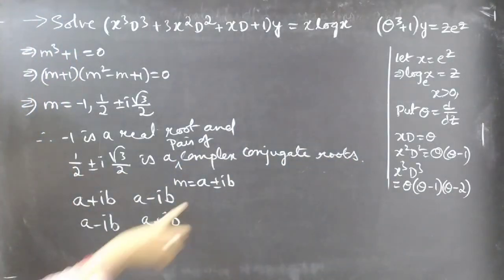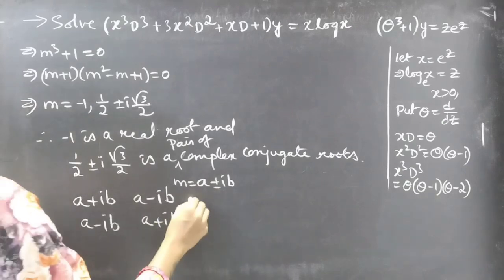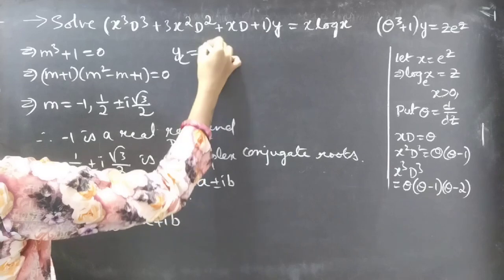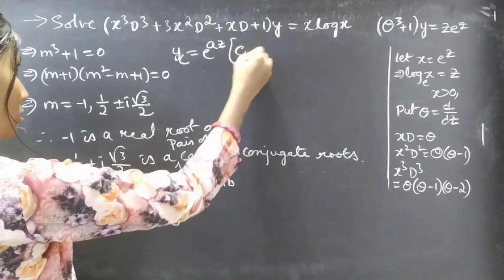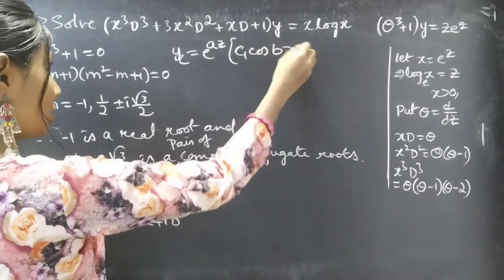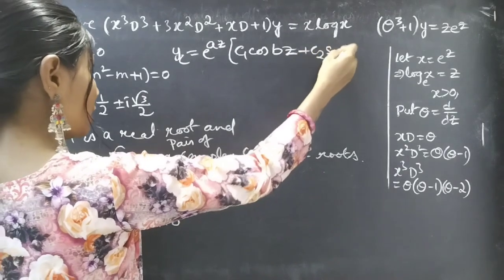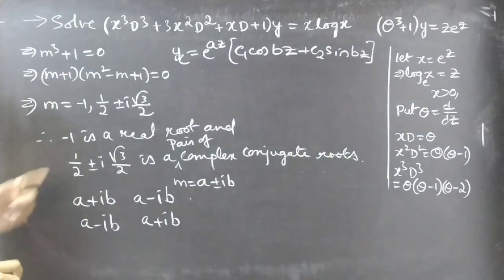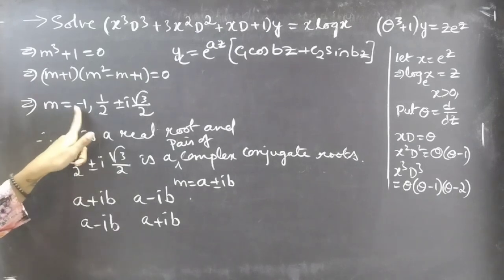When m equal to a plus or minus ib, we'll have yc equal to e power az into c1 cos bz plus c2 sin bz. But firstly, we are going to write for minus 1, right?